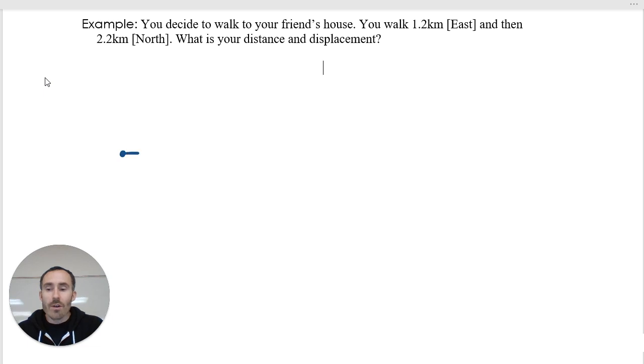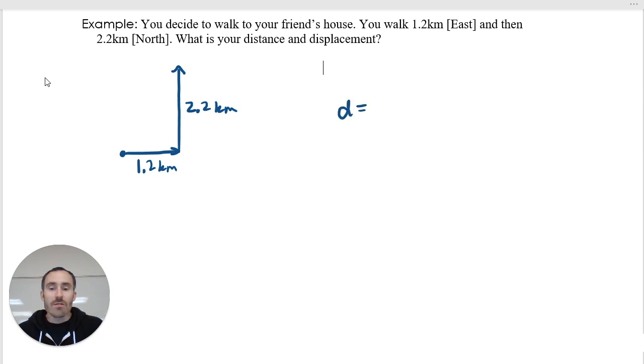You walk 1.2 kilometers east, and then you walk 2.2 kilometers north. Like that. What is your distance? What's your displacement? So this is 1.2 kilometers. This is 2.2 kilometers.